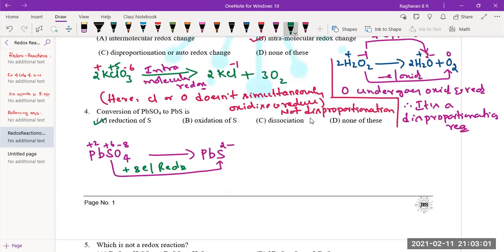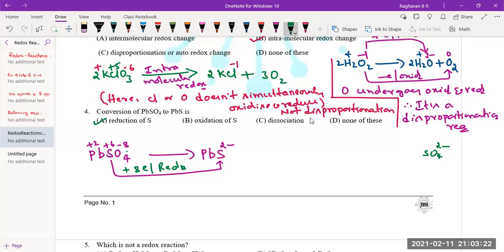Fourth, if you see the oxidation state of sulfur in PbSO4, how much is Pb? Pb is always +2. Or you can take SO4 is always -2. If SO4 is -2, Pb should be +2 to balance that. Overall positive should be equal to negative. That's all the concept.